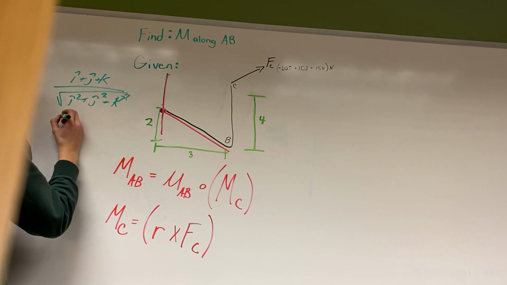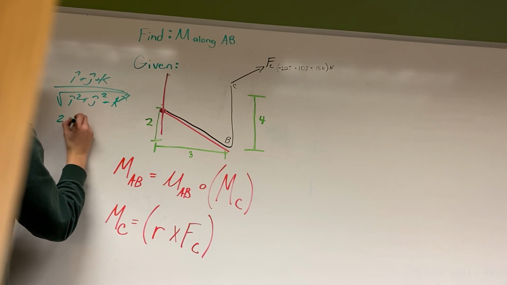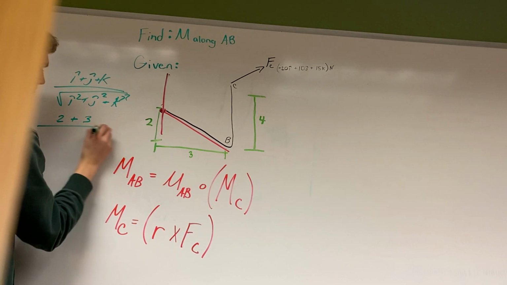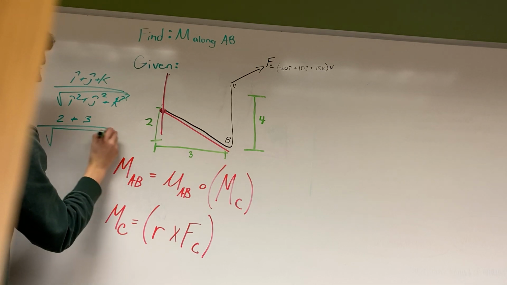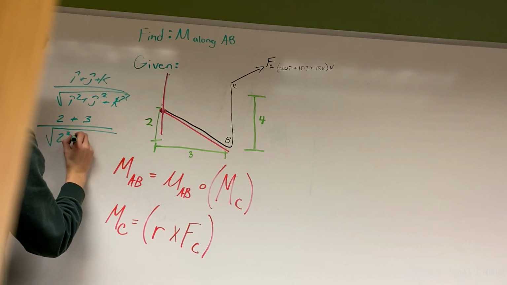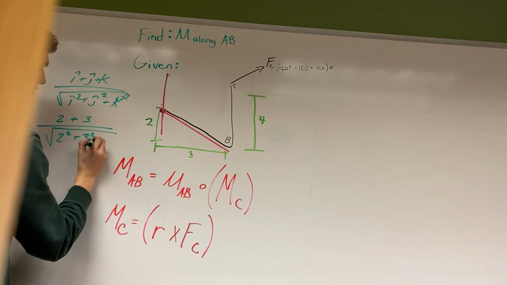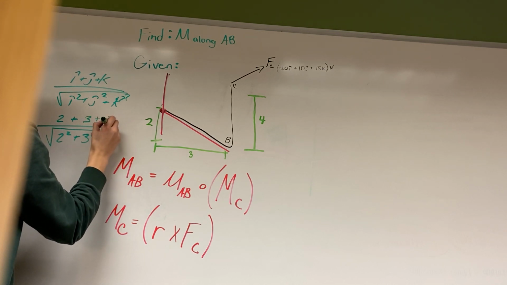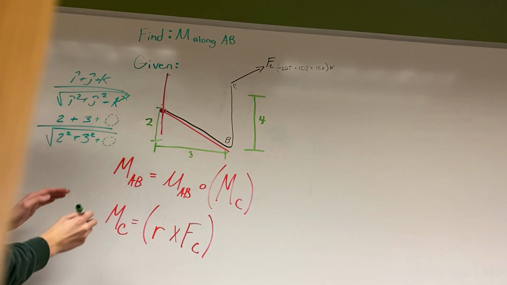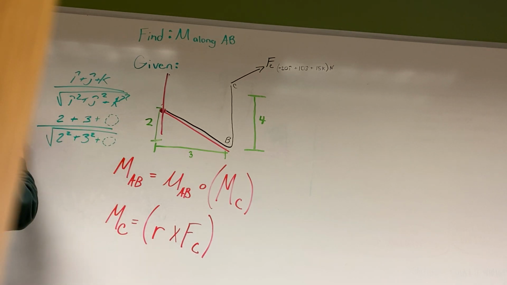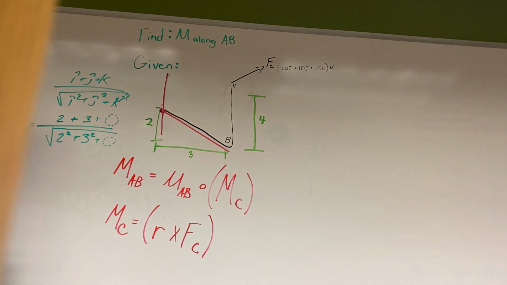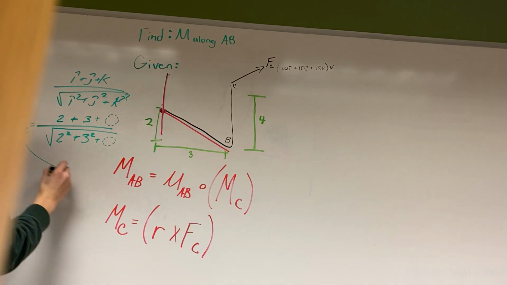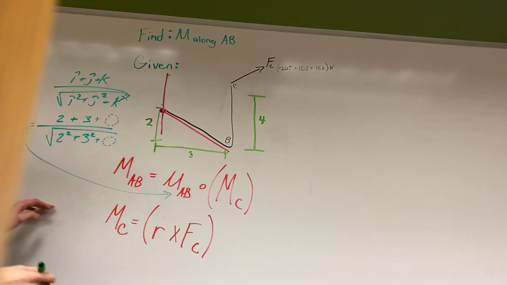So all we're going to have is 2I plus 3J over the square root of 2 squared plus 3 squared. And technically we'd have zeros out here for not having any K's. So this is equal to our U of AB. This part would go down here.